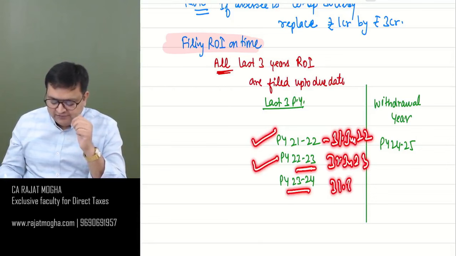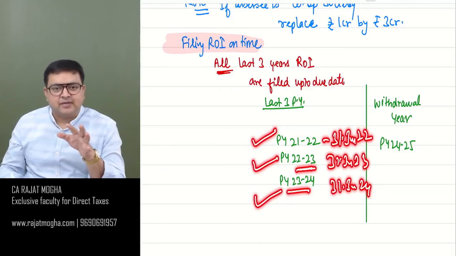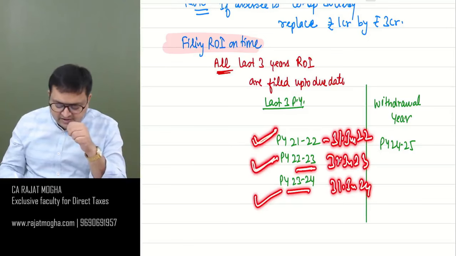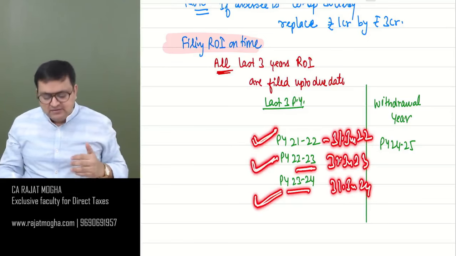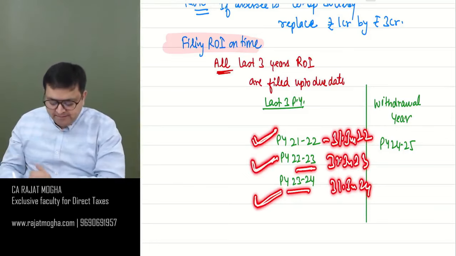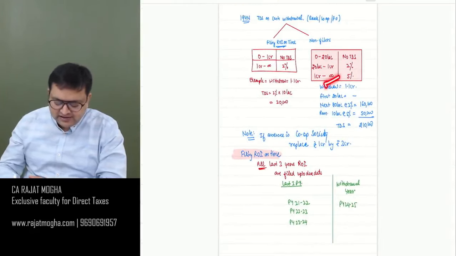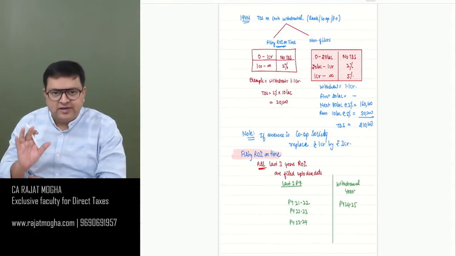For 23-24, 31st July 24, whether the ROI is filed on time, here let's say yes. So if all 3 returns are filed on time, yes, yes, yes, then we will say that you belong to the first category. But if any of them says no, let's say this is yes, but this is no, then you belong to the second category. This also understood, I believe.